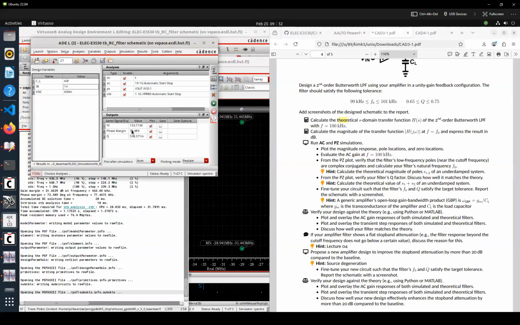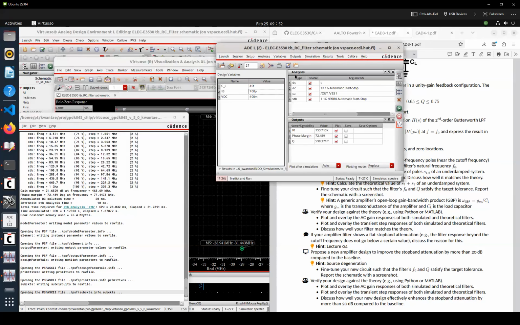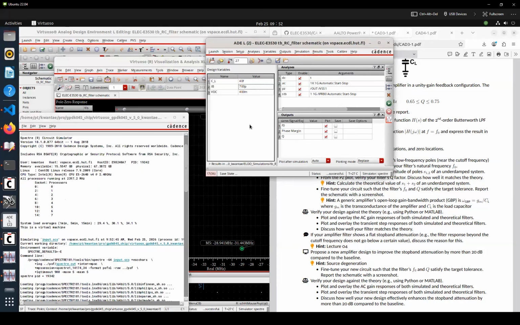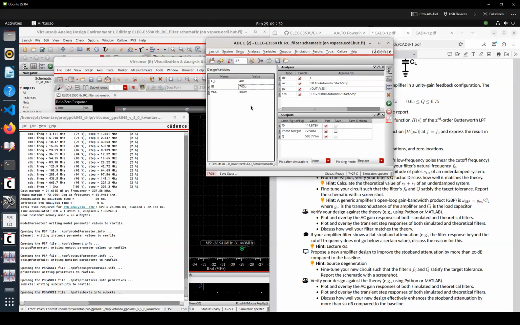Yeah, then F0 becomes 153 kilohertz, and the phase margin and Q factor. The phase margin is slightly increased, but we can control CL. Anyway, let me control this one to maybe 0.7. Let's see. Okay, very close. And what about 500 pico?